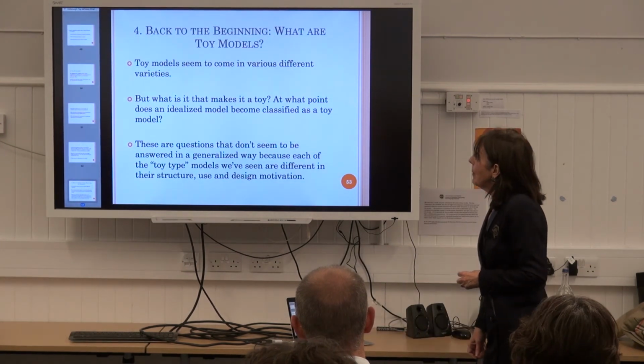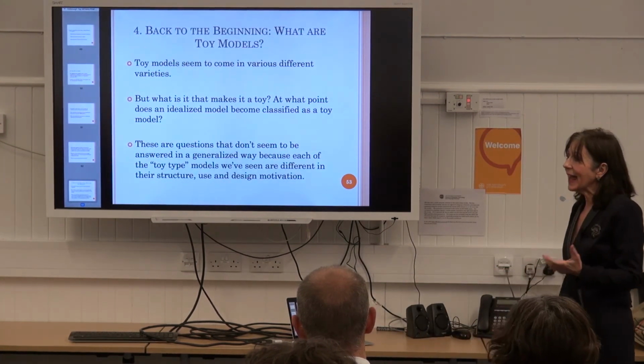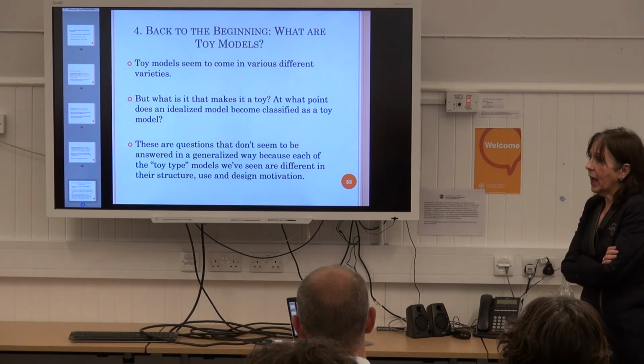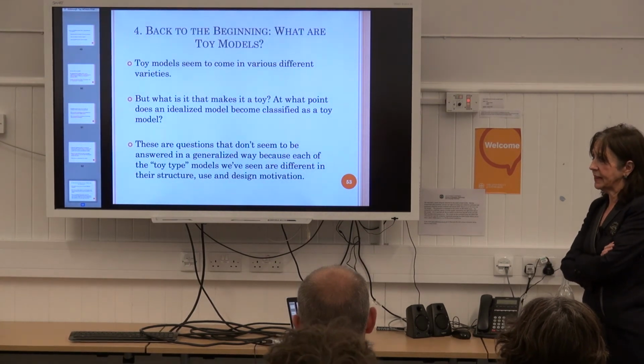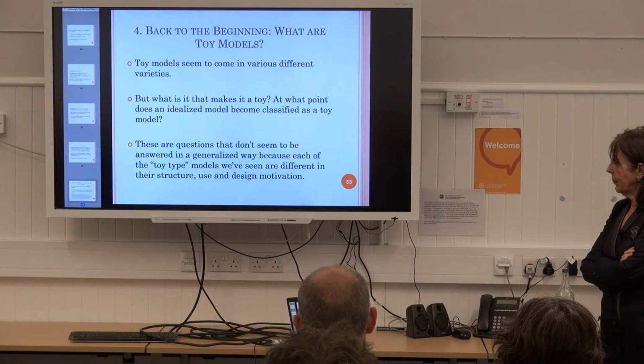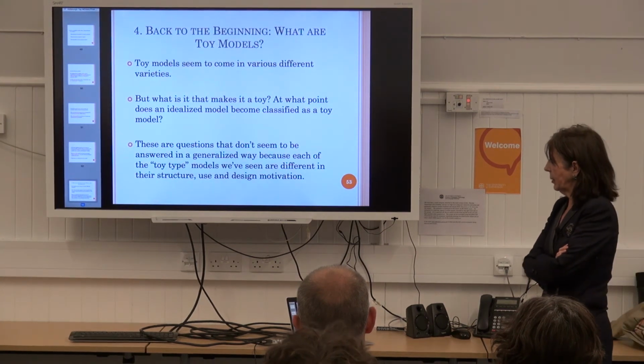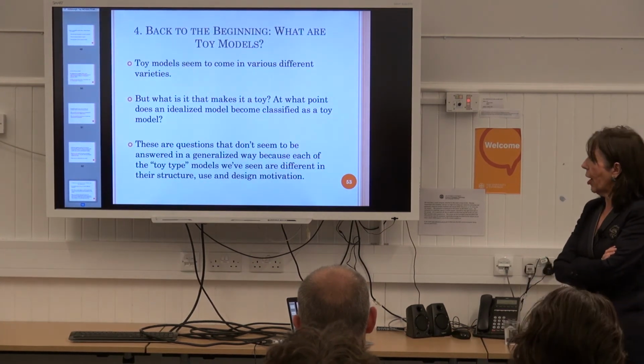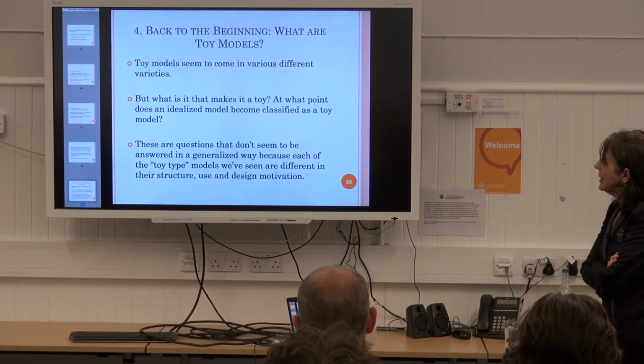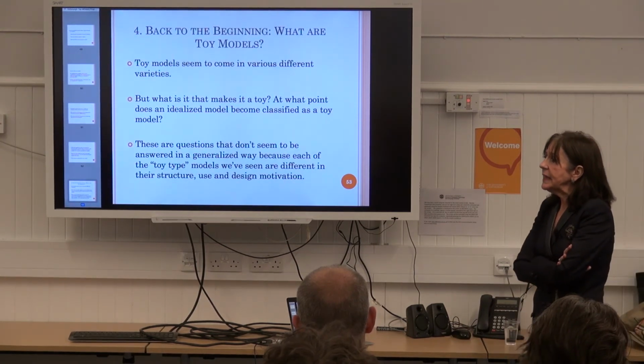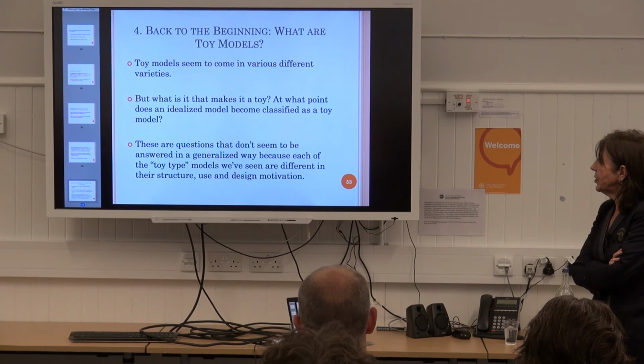So back to the beginning then, what exactly are these toy models? And I've said a lot of things this morning about toy models and about why things are or aren't toy models. At the very least, they seem to come in a lot of different varieties.